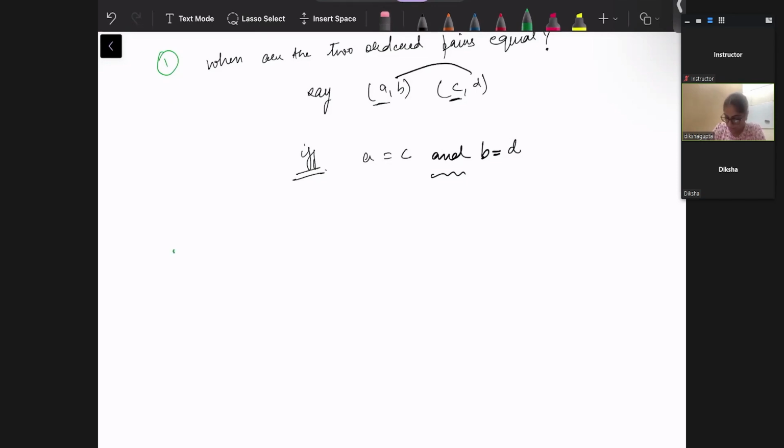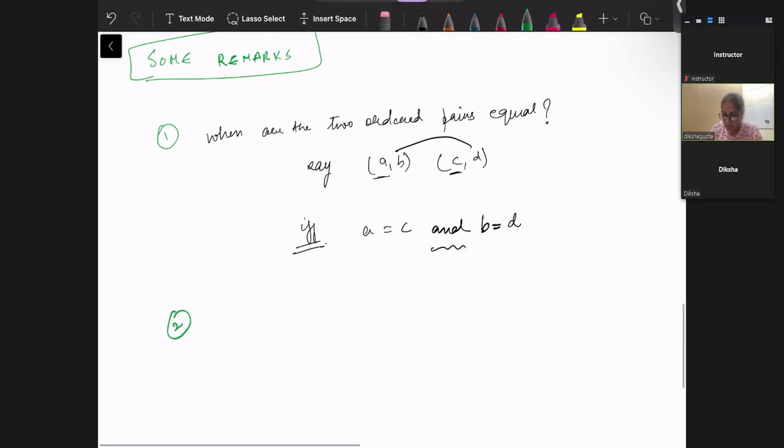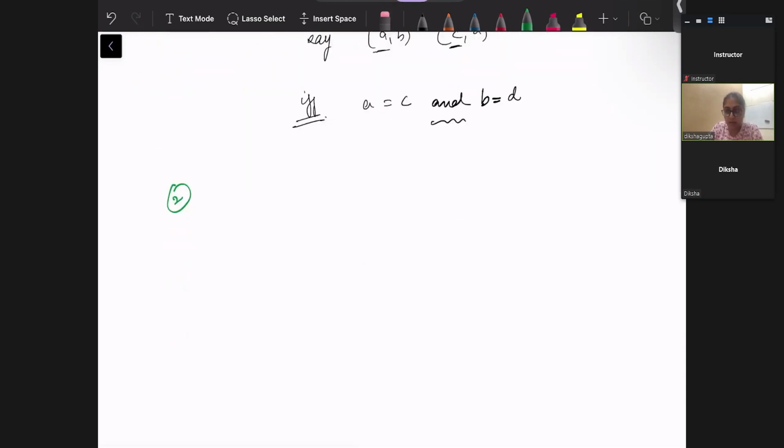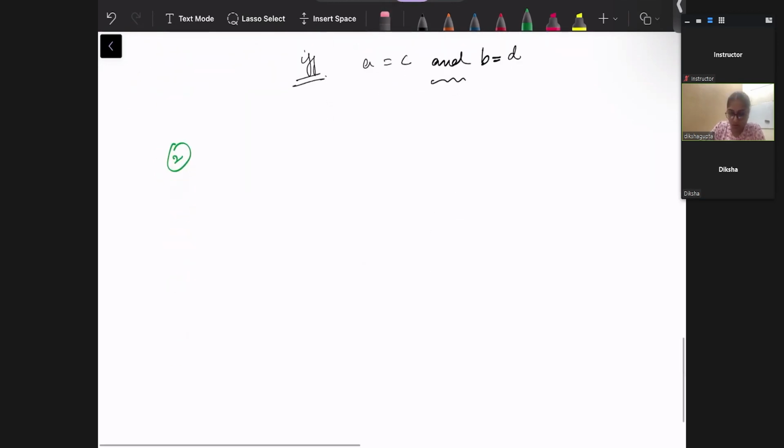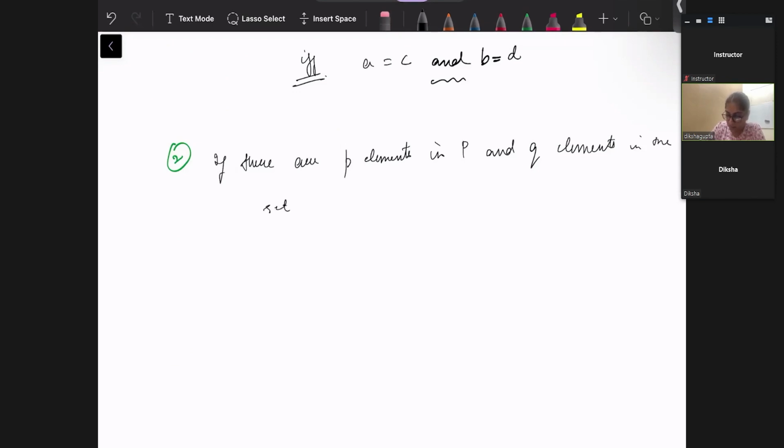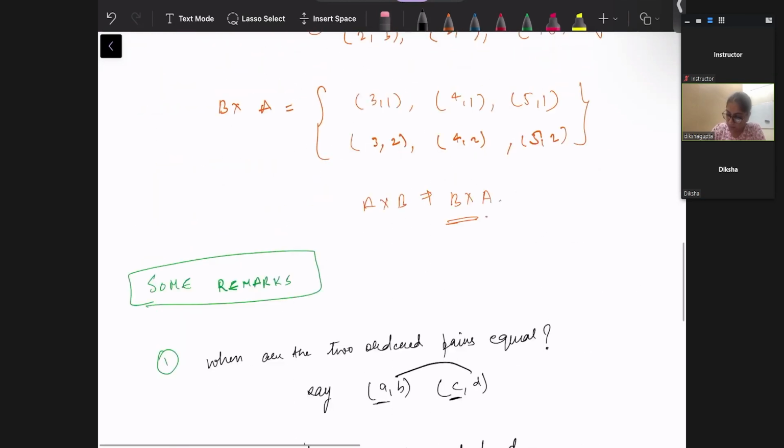Then, what is the number of elements in A cross B if you know the number of elements in A and B? It's very easy to see. So the next remark is, if there are p elements in the set P and q elements in the set Q, then the Cartesian product P cross Q has pq elements, as we are just taking every pair.